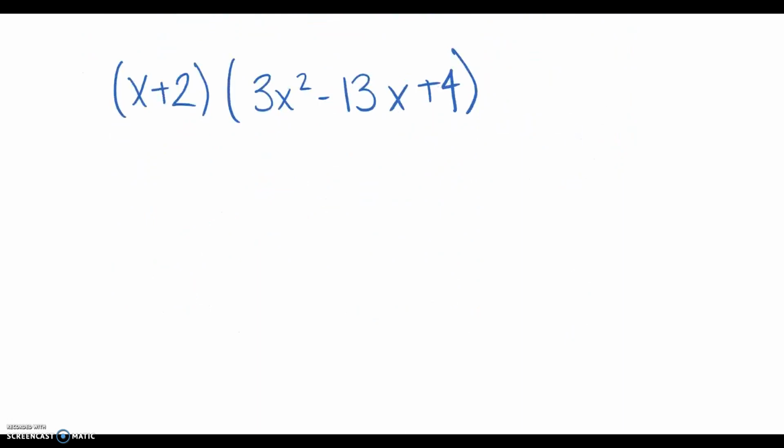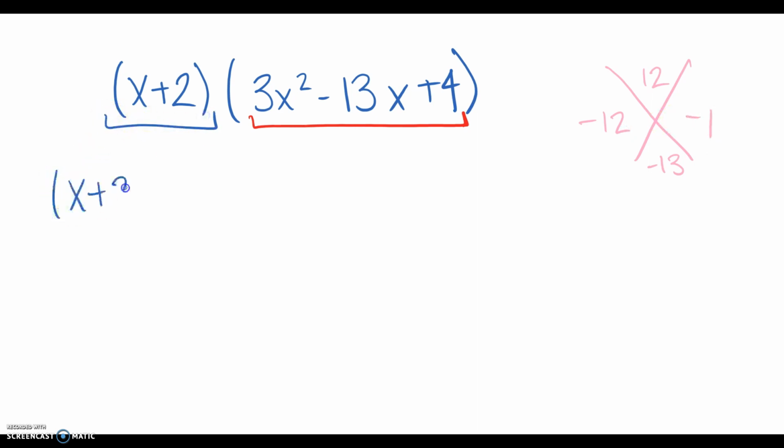Now it's important to notice here is we have a quadratic. So instead of using synthetic division to factor this, we can just factor this by grouping. So remember, you can do a times c, so 3 times 4 is 12, and our b value is negative 13. So what multiplies to 12 and adds to negative 13? It's going to be negative 12 and negative 1. This other factor needs to come down, so we have x plus 2 times, and I'm just going to start factor by grouping, so 3x squared minus 12x minus x plus 4.